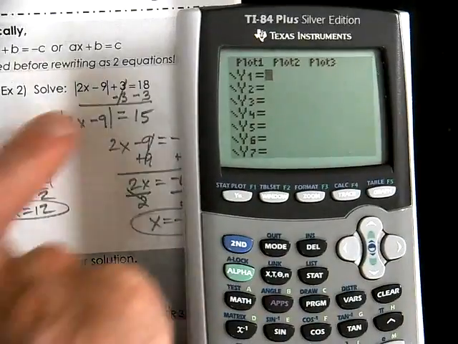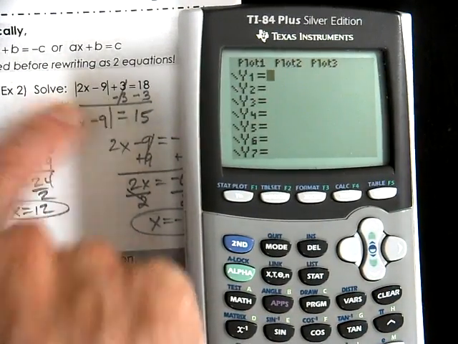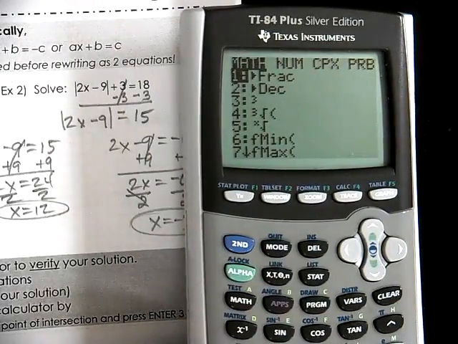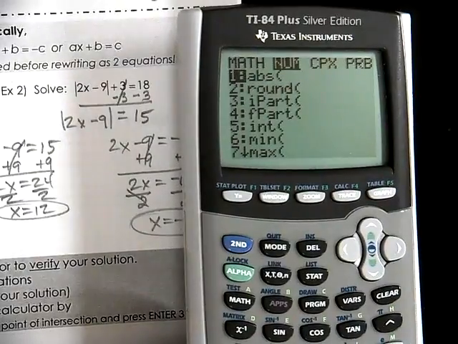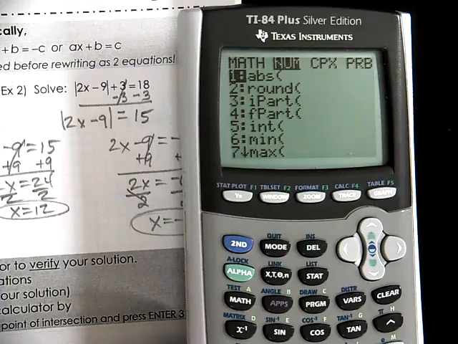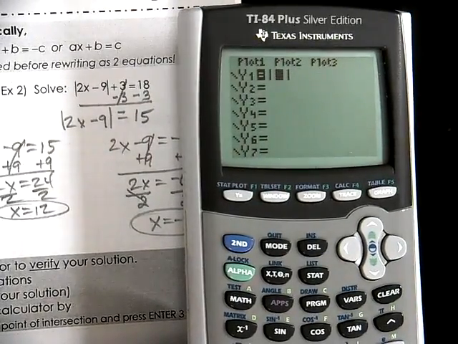So we go to y equals. We type in our equation. We've done this in the past. So we hit the math button. We go over to number. And there's ABS. That's absolute value. So we're going to hit enter to display absolute value.